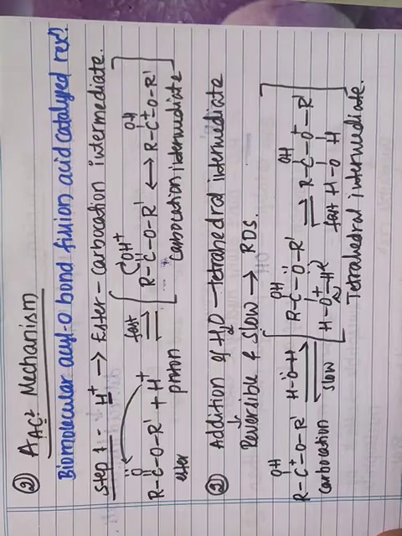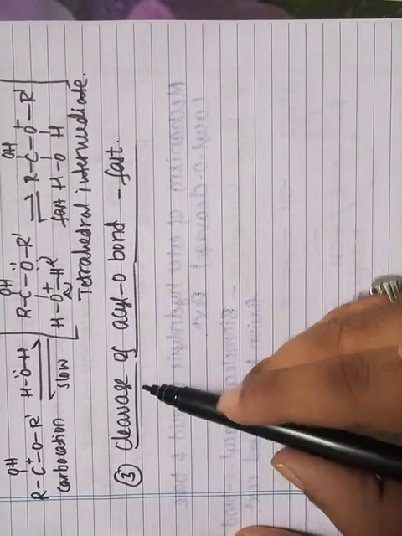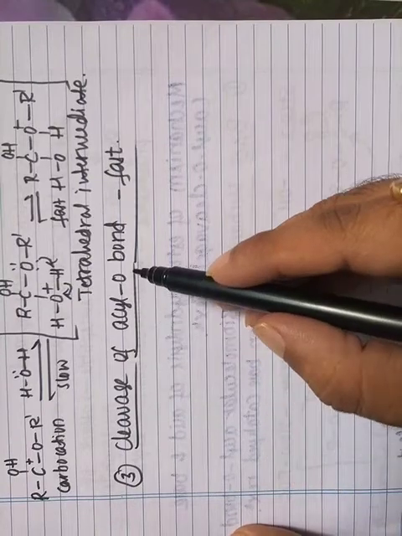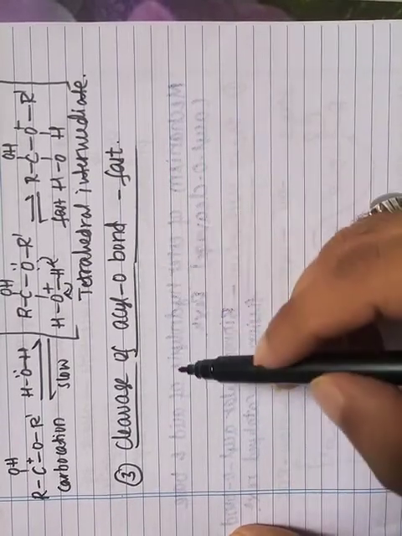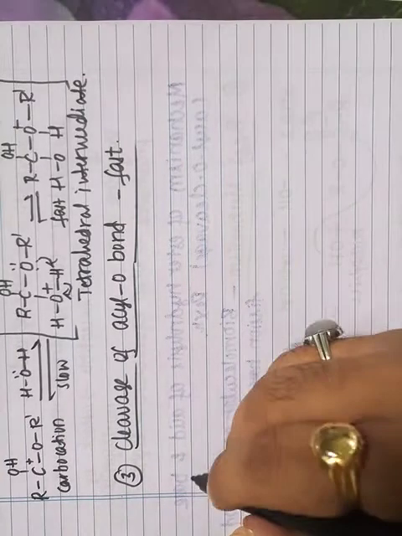Next, the third step. In the third step, the cleavage of the acyl oxygen bond takes place. This step is fast.